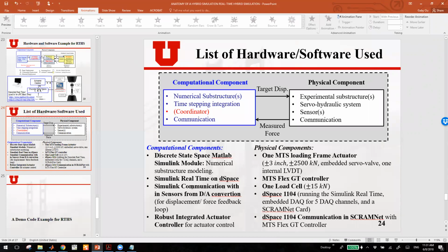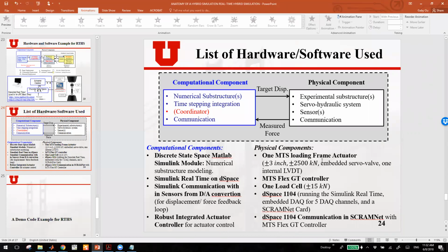And then we communicate with the physical component through digital signal, the analog signal conversion. And that is for displacement and the force feedback loop. And we used the actuator controller algorithm we developed in our lab for actuator control, which is the robust integrated actuator controller. So that is the computational component side.